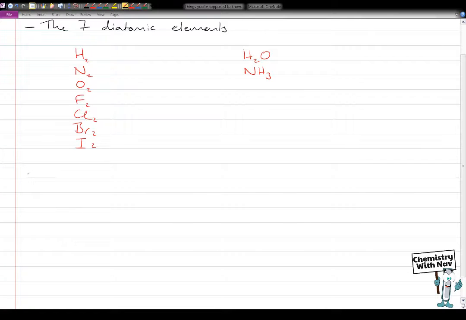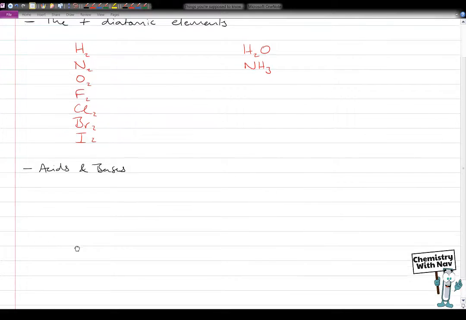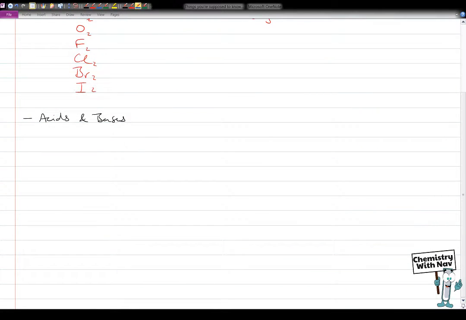The next thing I want to look at is acids and bases. Now, one of the newer concepts that you come across is the idea of an acid as a proton donor. What that means is that an acid produces H+ ions in solution.